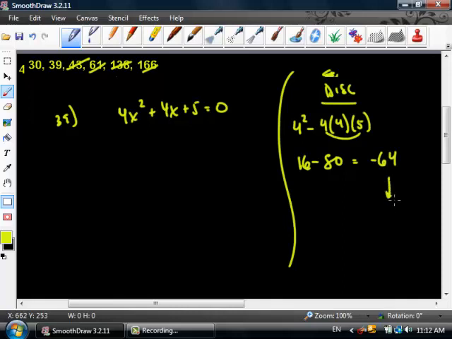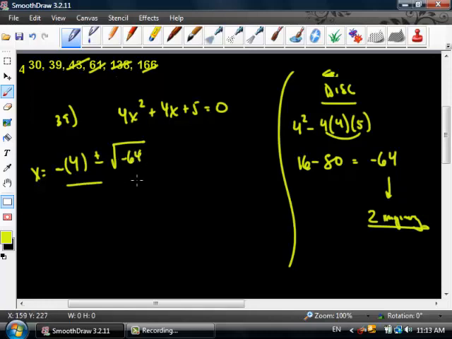So what types of solutions do I have here, Ty? 2 imaginary. So I get x equals negative b plus or minus the square root of, plug smart, what goes inside there, Chris? Negative 64 over 2a.